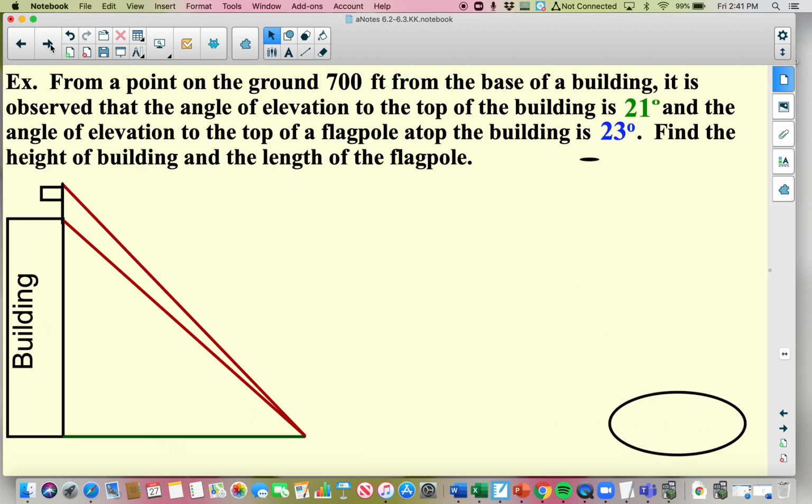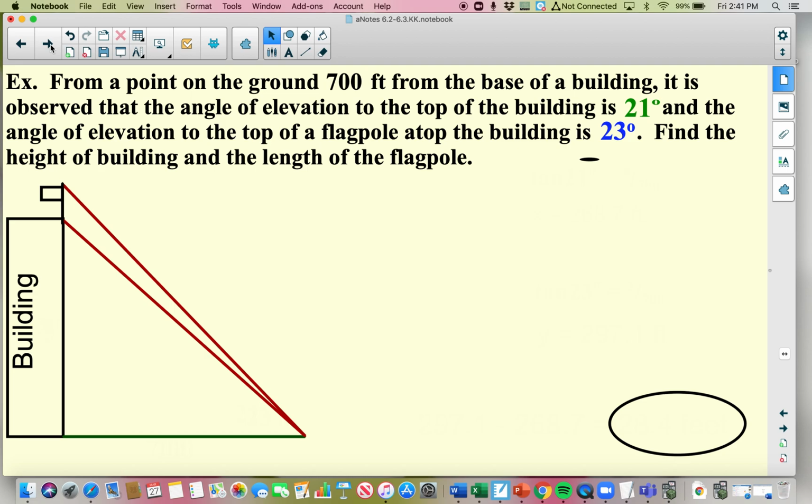So for example, I'll give you a second to read this. From a point on the ground 700 feet from the base of a building, it is observed that the angle of elevation to the top of the building is 21 degrees, and the angle of elevation to the top of the flagpole that's on top of the building is 23 degrees. Find the height of the building and the length of the flagpole.